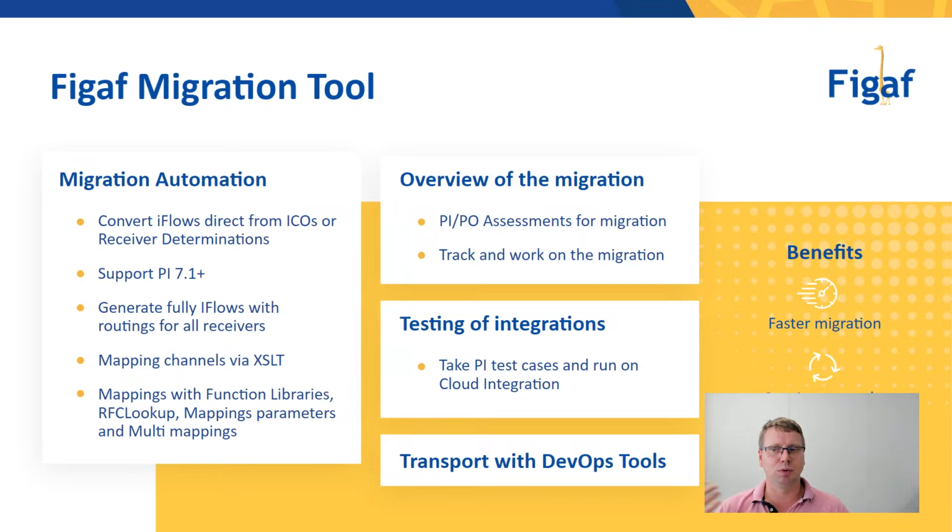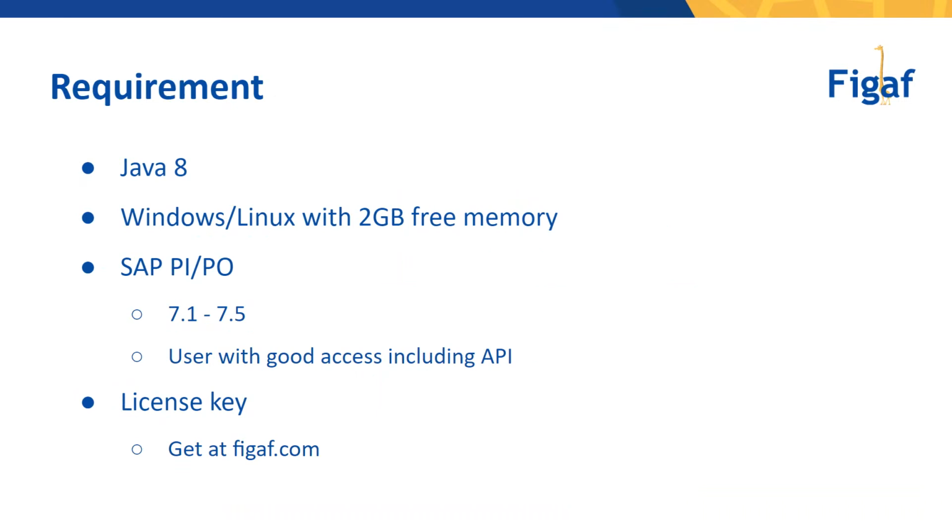As a part of this, we do have this assessment and an overview of your migration edition. We have a testing capability to take test cases on your PI system and run them on your cloud integration. And finally, we do also have a transport tool that helps you transport. So the goal is that you get time to spend on the things where you can add the most value.